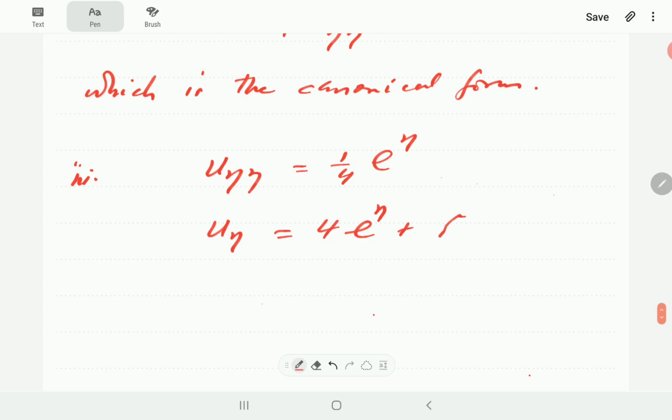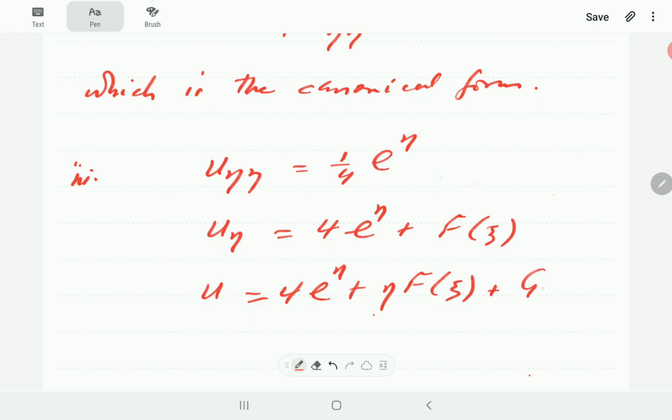We get exactly the same thing, but there's going to be a function of xi. Then integrate again. This becomes u. This is still e to the eta. This is a constant as far as partial integrating with respect to eta is concerned. So it's going to look like that, and then we're going to have another function of xi.